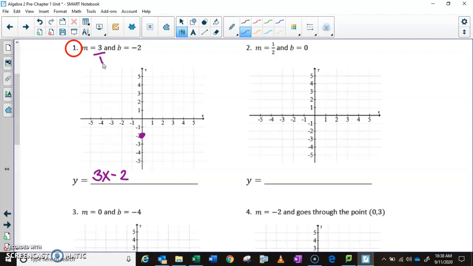Rise 3, run 1, rise 3, run 1, or come down 3 and back 1. Always do as many as you can to fill up the graph, and then use your straight edge to make the graph of that line.